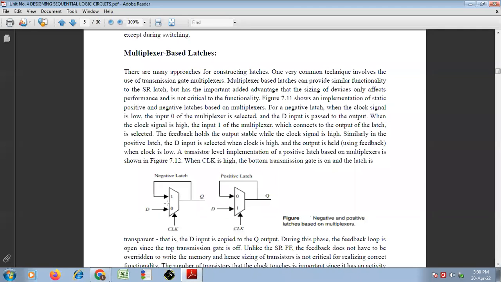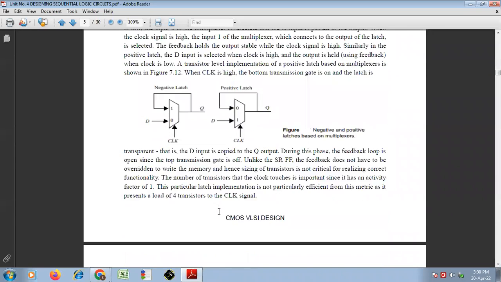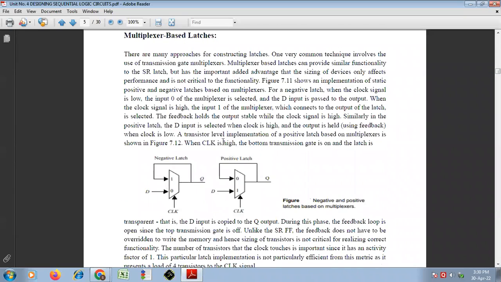A transistor level implementation of a positive latch based on multiplexer is this. Now we are talking about the positive latch. For the negative latch, when the clock is low, input 0 gets selected and passes to the output.